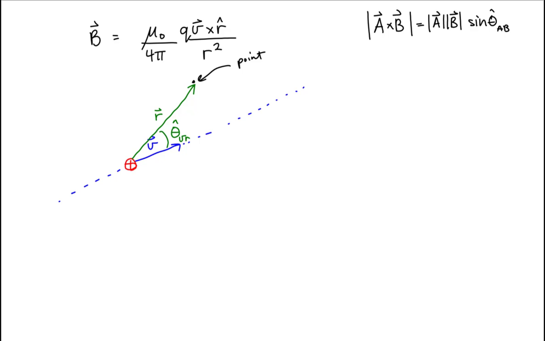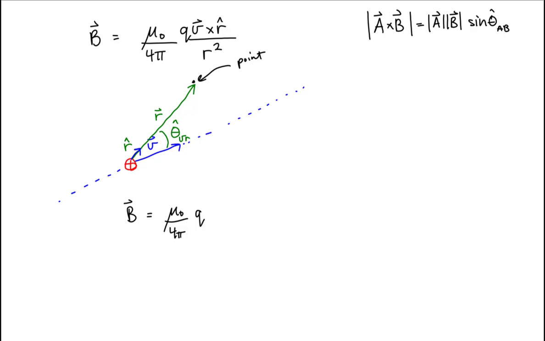Now the unit vector, of course, is a vector of magnitude 1 that is in the same direction as our position vector here. And so with this, we could express that the magnetic field is equal to mu naught over 4 pi q, for the value of the source charge, v cross r hat.